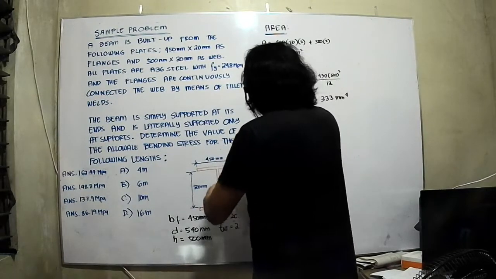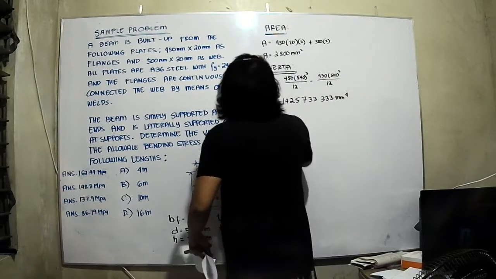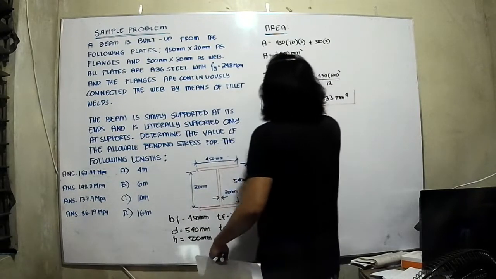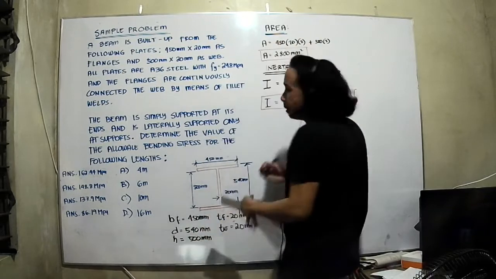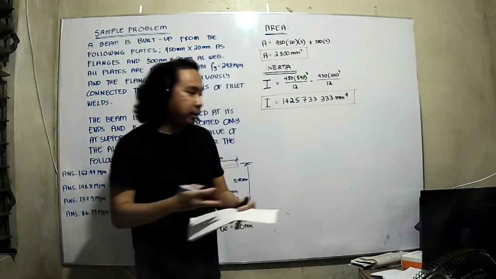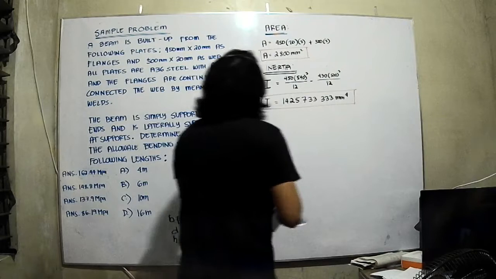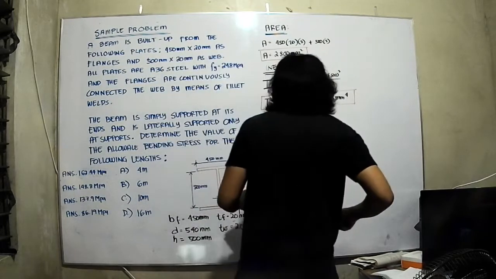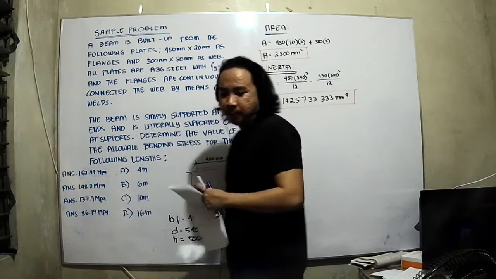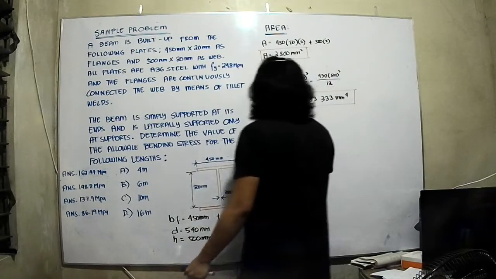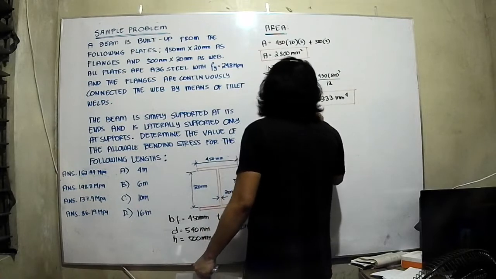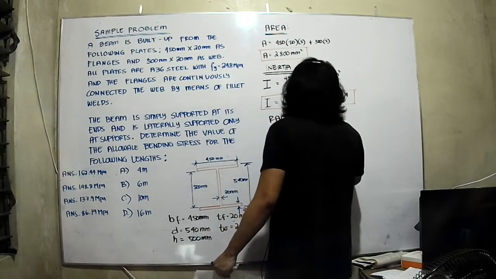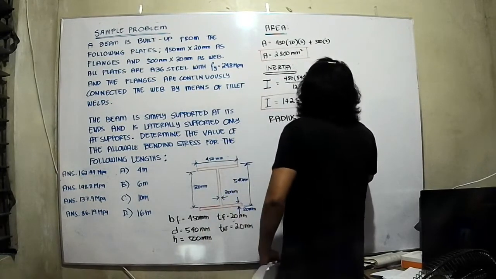Okay? So we now have the numbers: the area and the inertia. Why not we just push through to the radius of gyration?